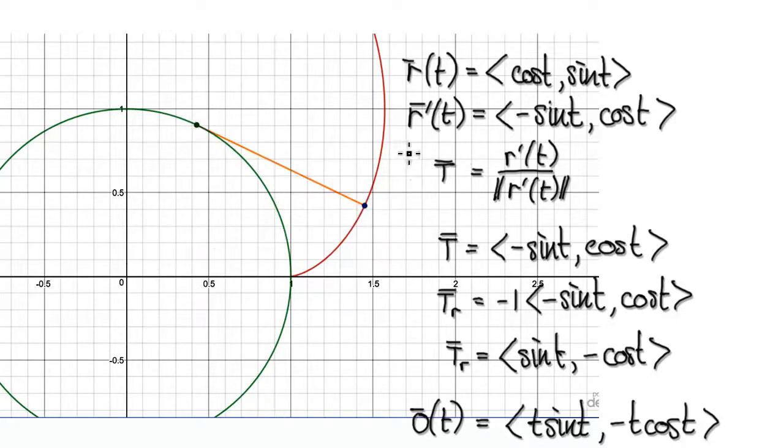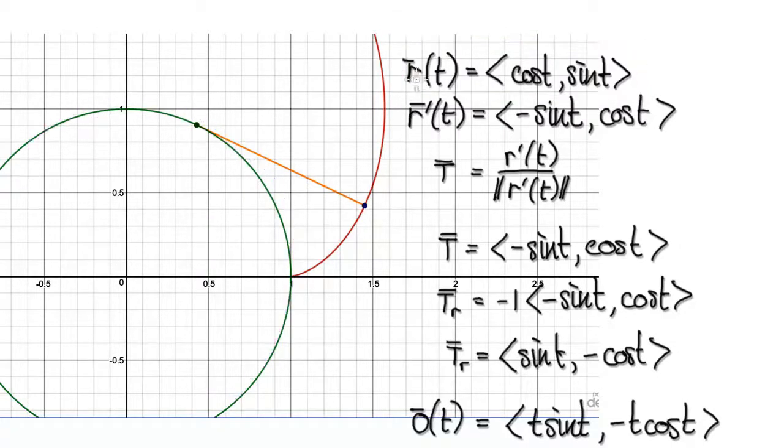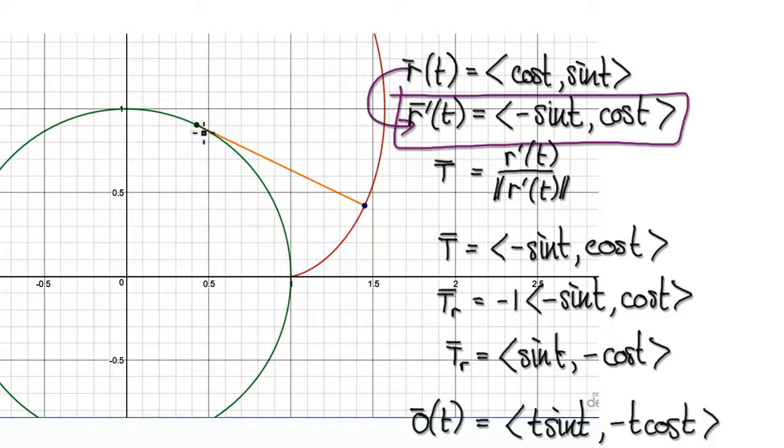Okay, so our usual routine, starting out with our position vector for this unit circle, differentiate. That will then give us our tangent, which will be in the direction of the motion. So the motion is in this direction.